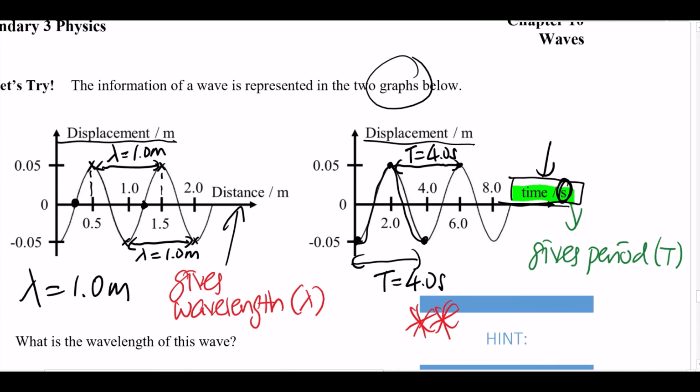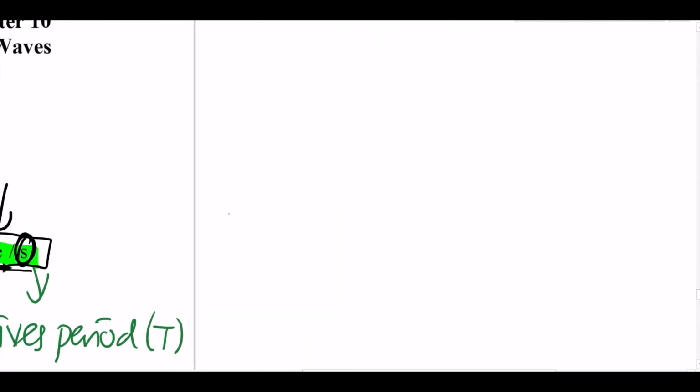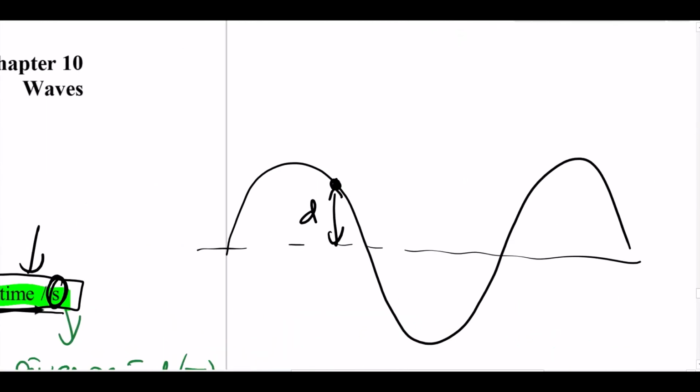If you're curious, the y-axis is displacement. Displacement simply tells us where the particle is from the equilibrium. Let's say I have the equilibrium line here and I have the wave. Let's say this point here is at some distance d from the equilibrium point. That is the displacement. And the displacement of the highest point from the equilibrium is simply the amplitude.